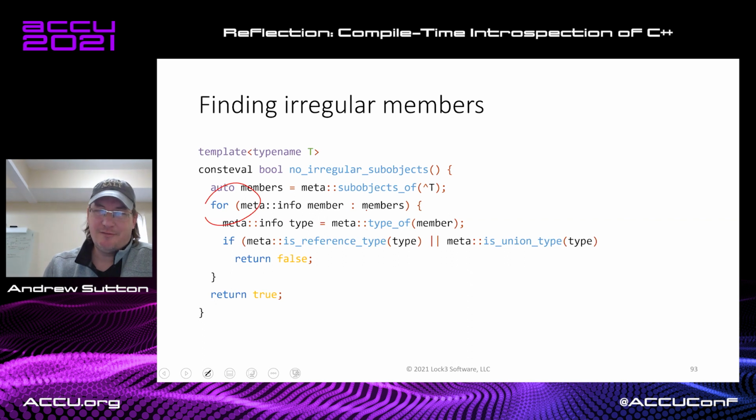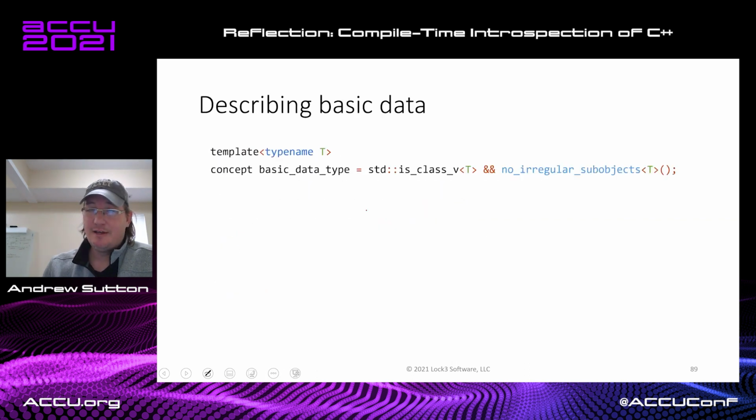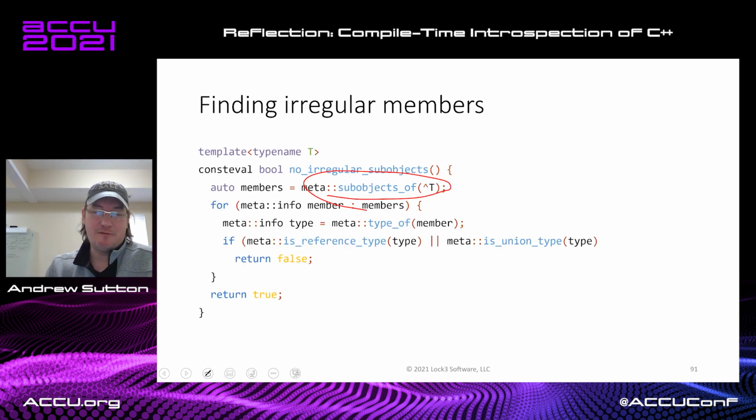I tried to write a version of this that was not a template and that you would just pass the reflection of T directly into no irregular subobjects. But I think there was a compiler error that prevented me from doing that for some reason. And so I ended up making this a template. But again, metaprogramming, this is just a regular function that operates on types as if they were normal values, because that's what we want for metaprogramming.